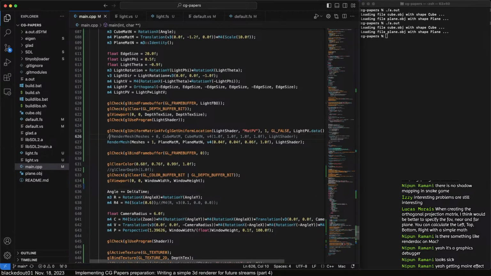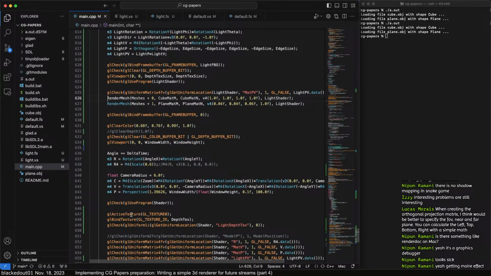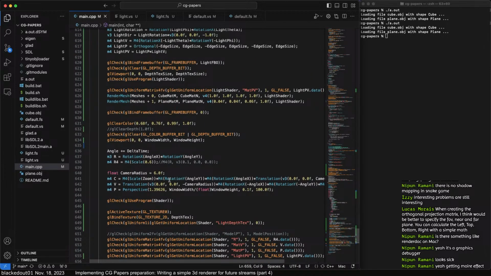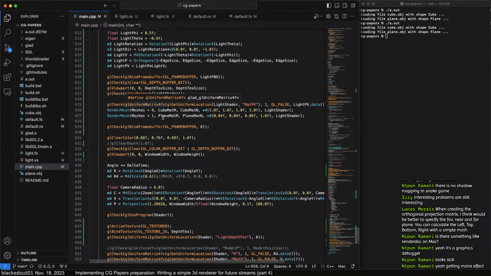Let's re-enable the cube again. So wait, let me write this down quickly.